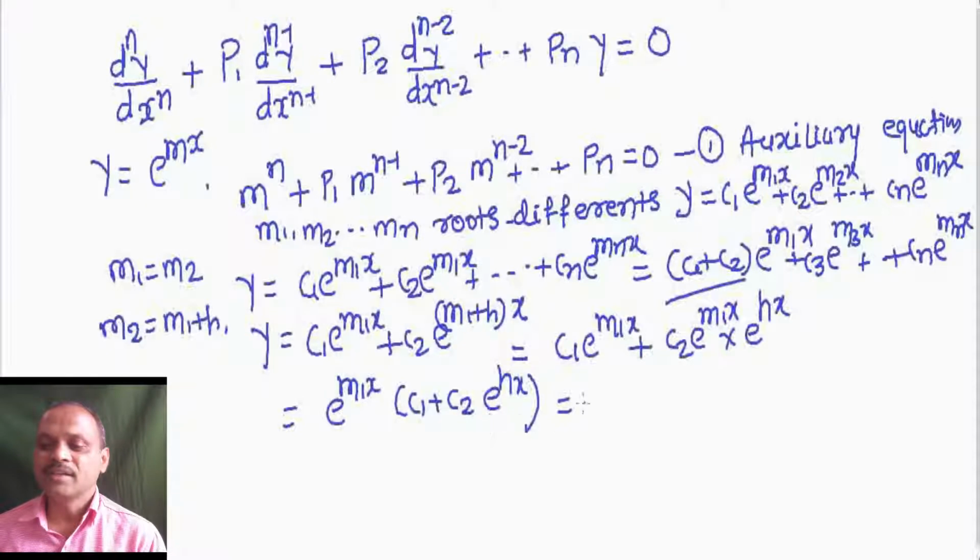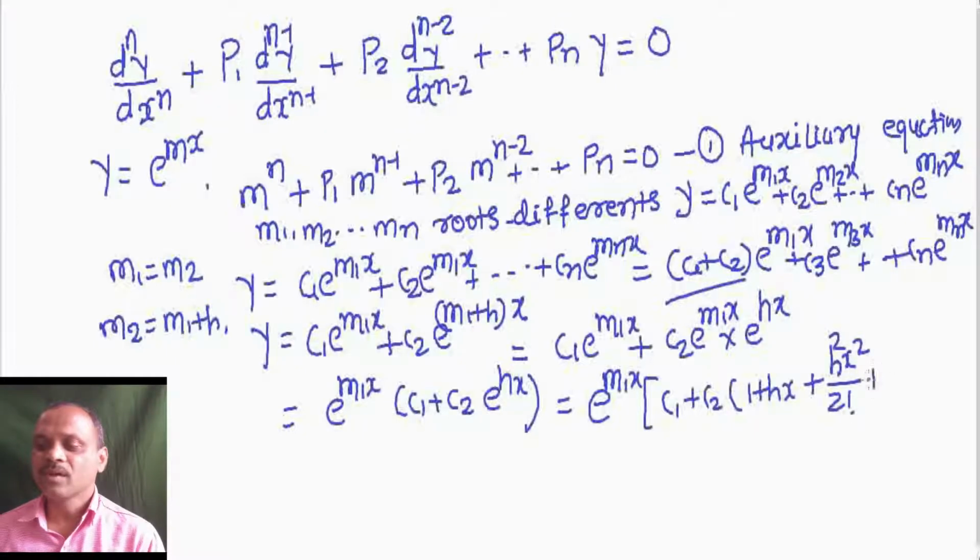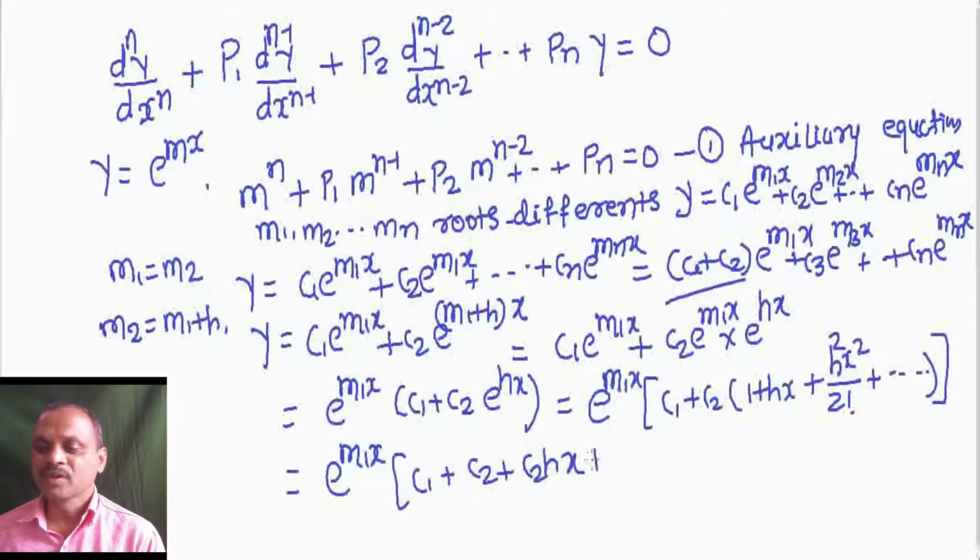We can write it as e^(m1x) times c1 plus c2 times (1 + hx + h²x²/2! + infinite terms). Then this is e^(m1x) times (c1 + c2 + c2 hx + c2 h²x²/2! + the infinite terms).